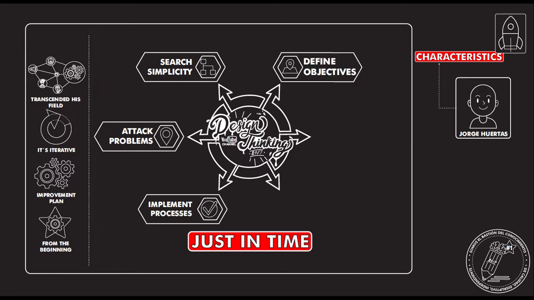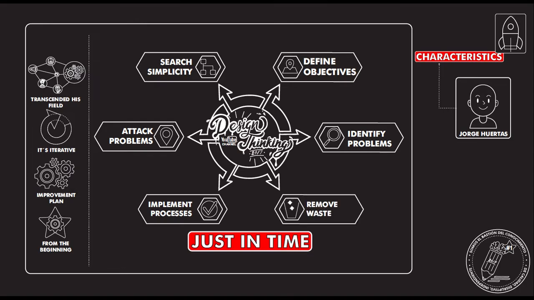Also, very important to define objectives. We need to define objectives to improve the current development and to make it better. We can always make it better. If we identify problems, we can attack them. So it's very important that we are very analytical, that we take the time to see how we can make it better.